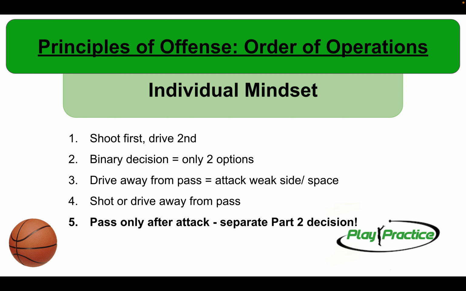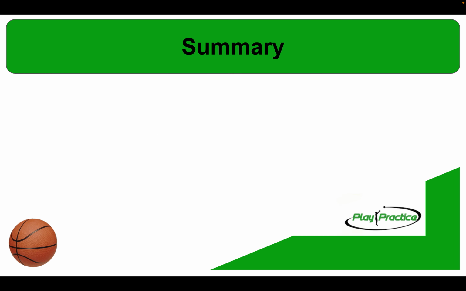I'm not looking around where my defender's hand is and evaluating two equal options. Should I shoot? Should I drive? Should I shoot? Should I drive? It's I am shooting. If hand up, drive. And suddenly all hesitation disappears and we have players making dramatically faster decisions, which is pretty awesome to witness.